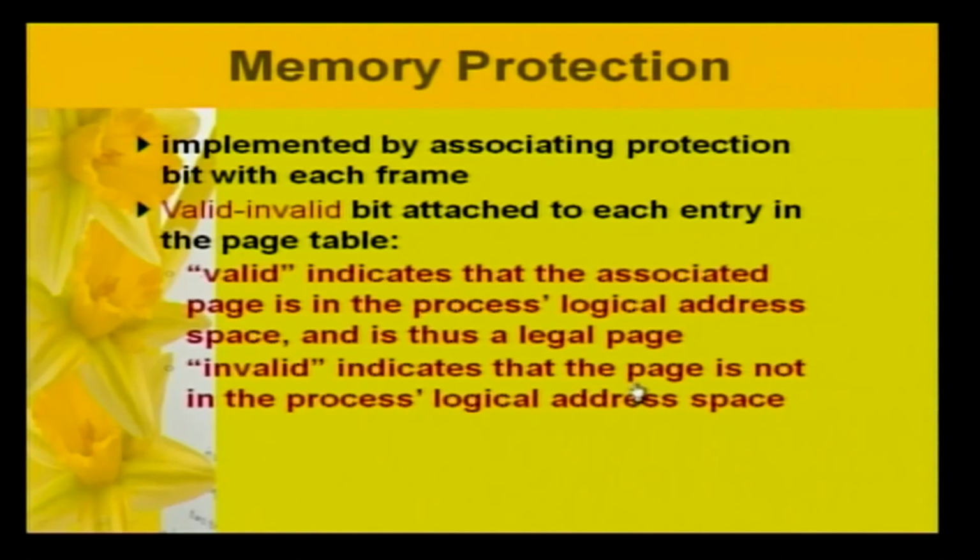In this mechanism, along with the correspondence of P, F pair, there is a third column which indicates whether the correspondence of P and F is a valid or invalid correspondence. Valid indicates that the P, F pair is still currently used by some process inside the process list.